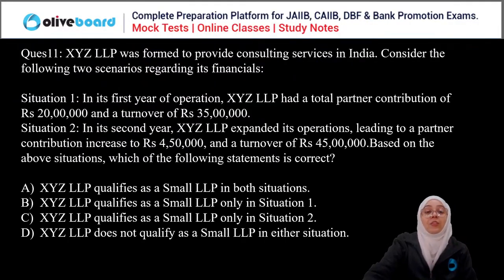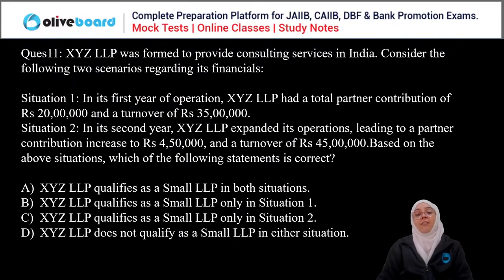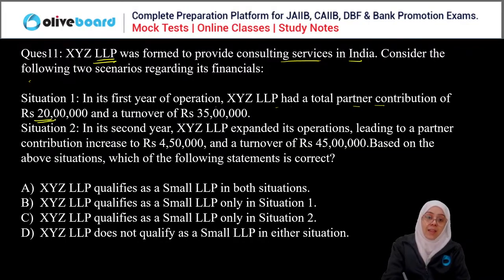Done. Next question. XYZ limited liability partnership was formed to provide consulting service in India. Consider the following two scenarios. First, in the first year of operation, this limited liability partnership has a total partner contribution of 20 lakh and a turnover of 35 lakh.